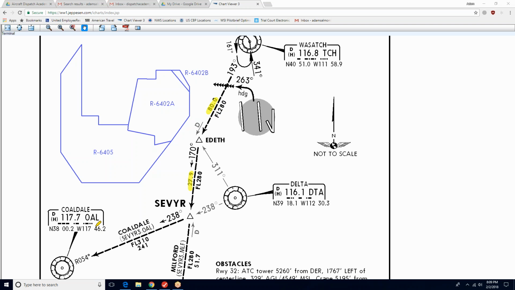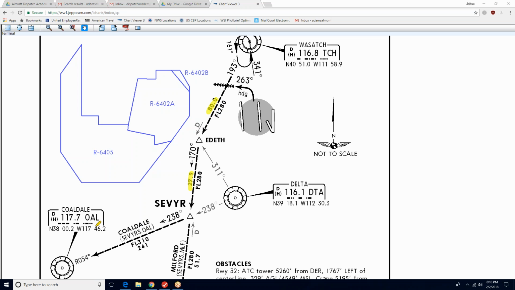You can say, the wind is out of the north, so we'll use the Severe 3 departure, and we'll take them out to the Coaldale transition. The Coaldale transition, like I said, is out on the Nevada-California border, straight south of Lake Tahoe.